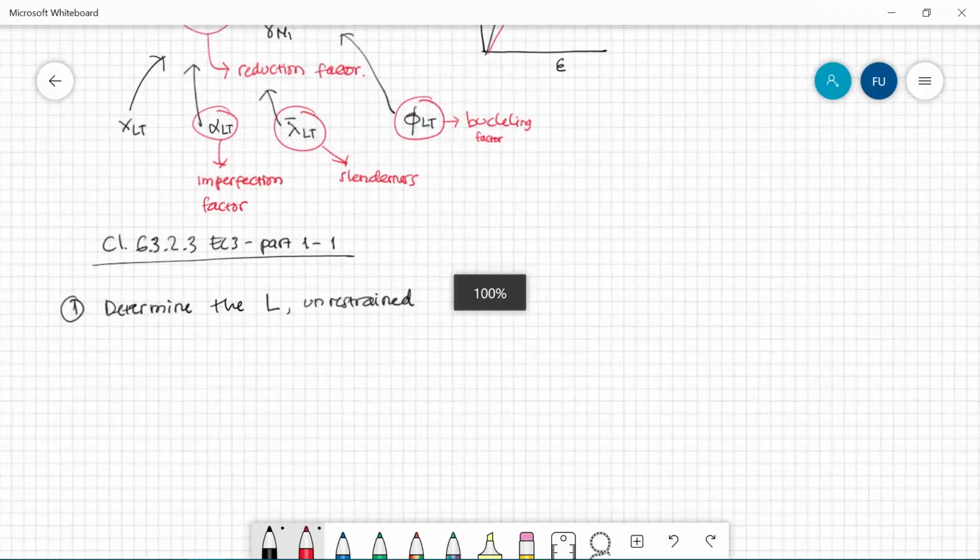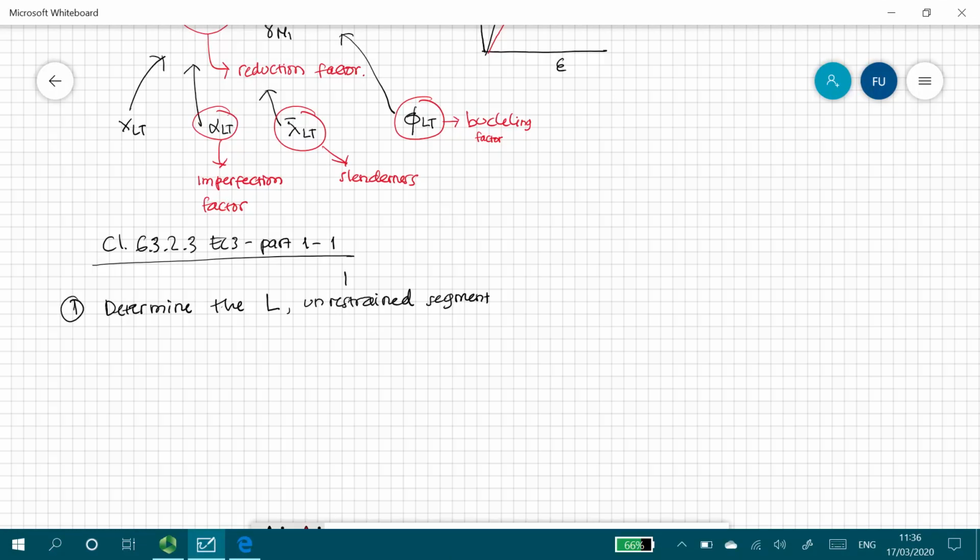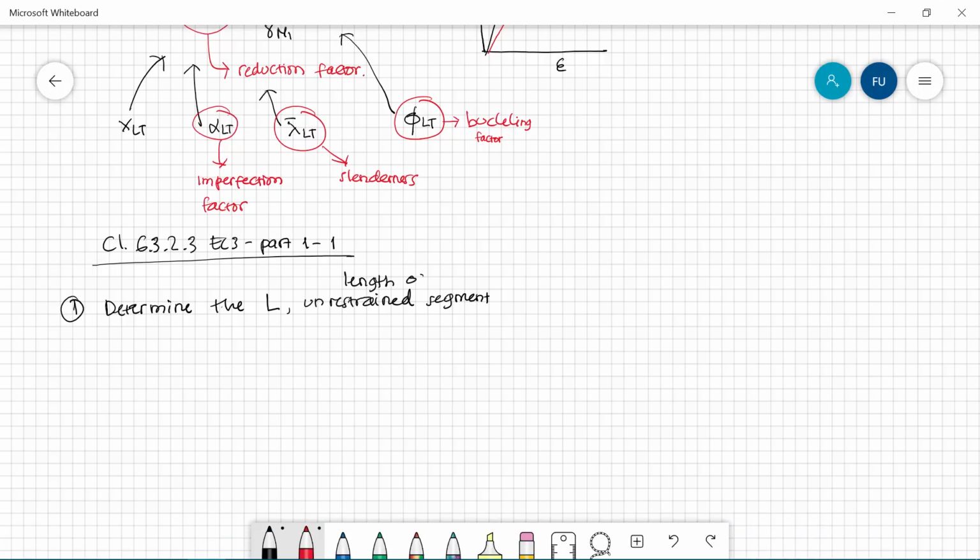So different structural arrangements will give you different lengths of unrestrained segment. Example, a beam that is simply supported at both ends. So the unrestrained segment is here, the whole span.